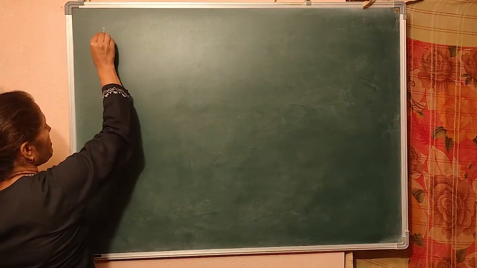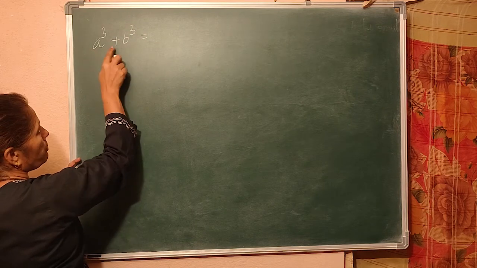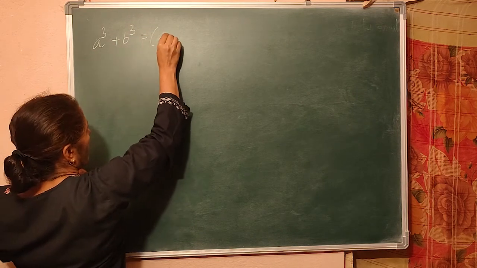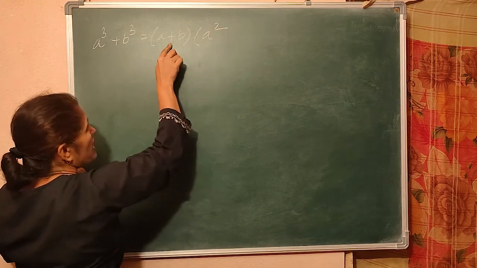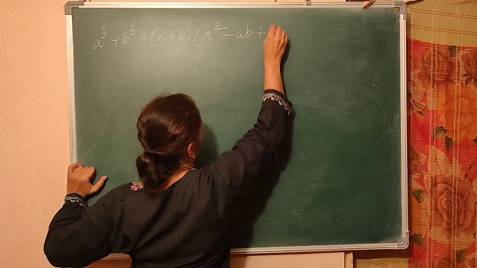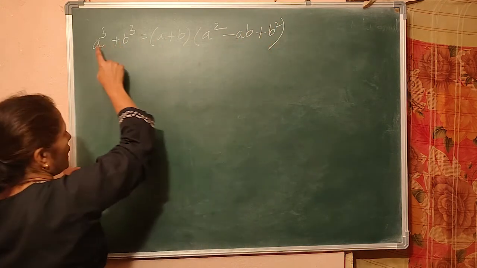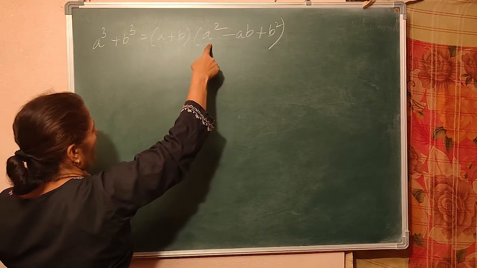a cube plus b cube is equal to (a plus b) into (a square minus ab plus b square).